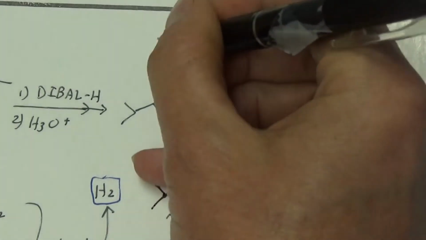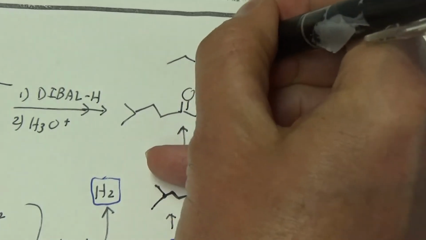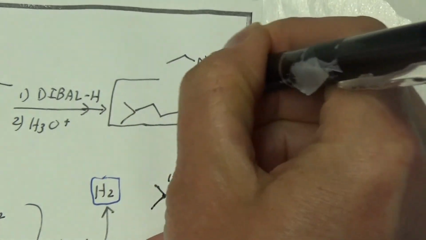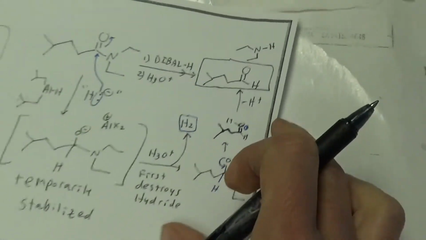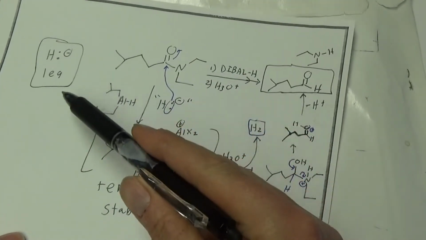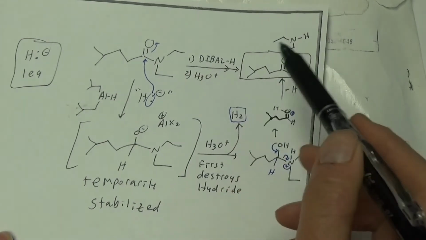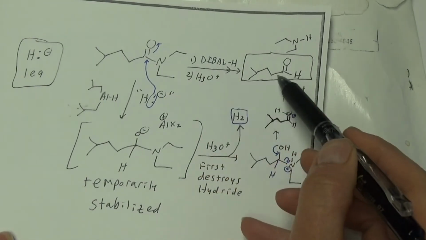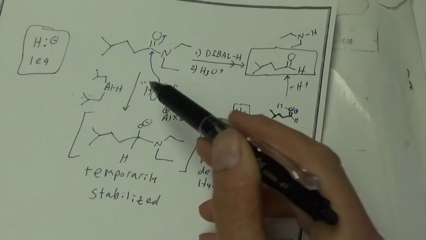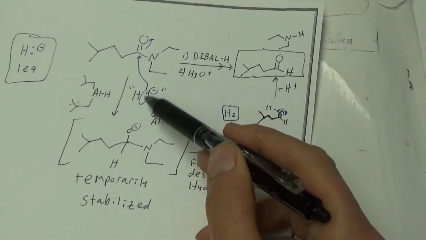I'll just draw that up here. Overall, one equivalent of H-, where the reagent is DIBAL, converts an amide into an aldehyde. So that's what happens when you add a single hydride to an amide.